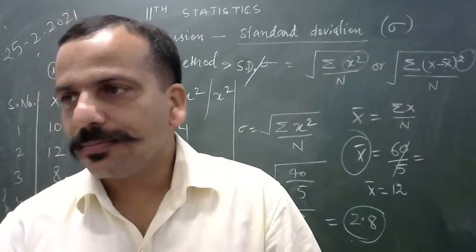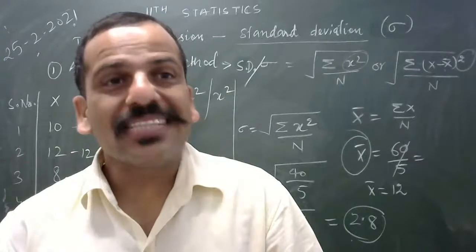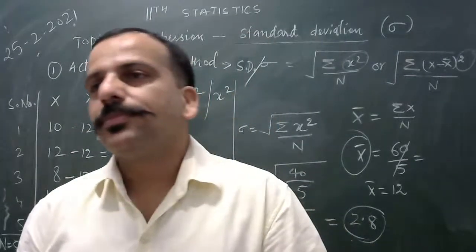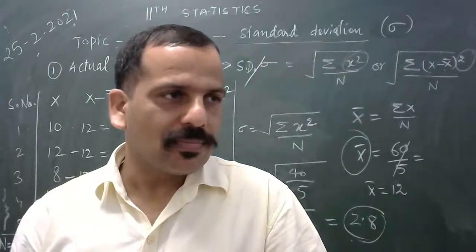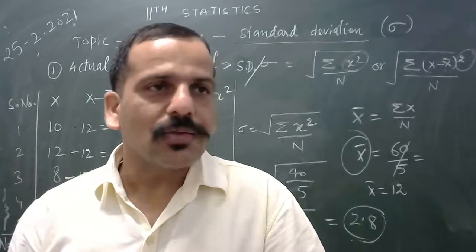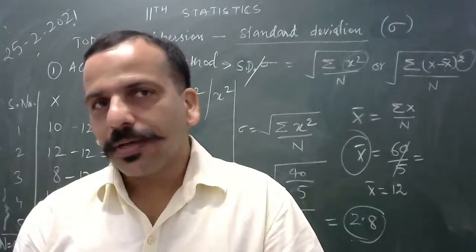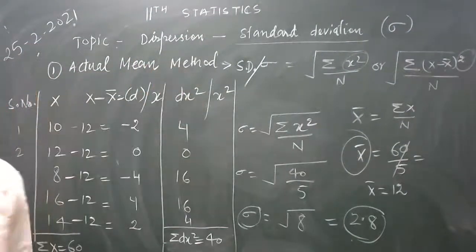Did you write 8,000? Next is 8,000, and the last one is 15, 15,000. Please calculate standard deviation by actual mean method.